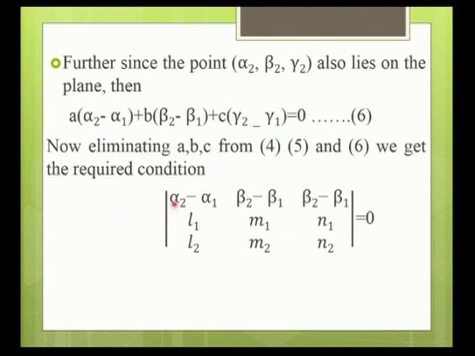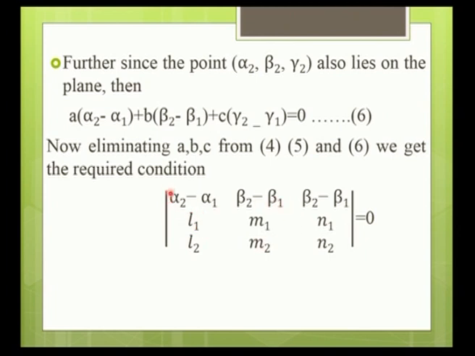Then equation 6 is a(α2 - α1) + b(β2 - β1) + c(γ2 - γ1) = 0. In all the three equations a, b, c exist. Eliminate a, b, c, and we will get the required condition.